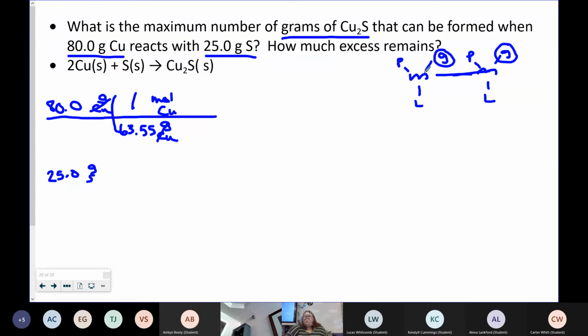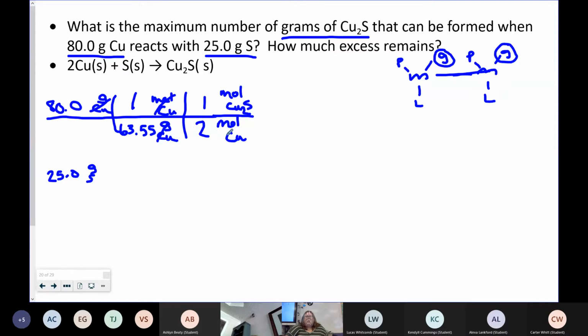So that got us to the first M. Then we have to change from moles of copper into moles of the copper 1 sulfide. So moles of copper needs to go down to the bottom. And we can change into moles of the copper 1 sulfide. So remember the mole to mole step, you're going to use those coefficients from your balanced reaction.